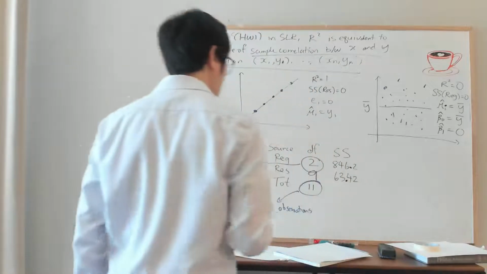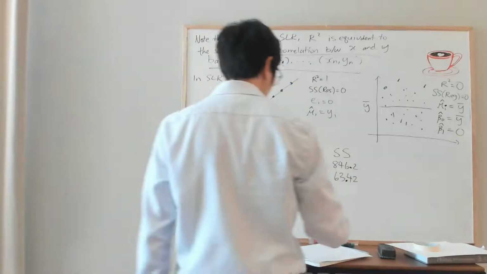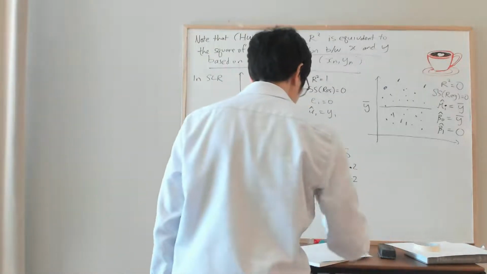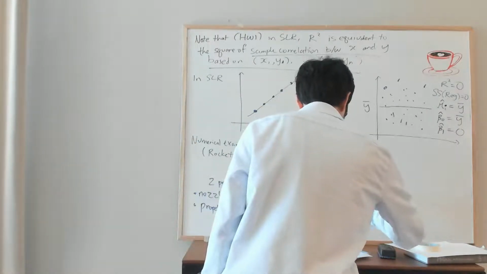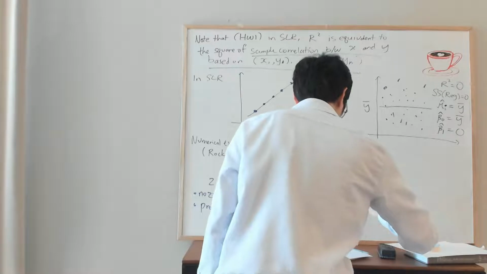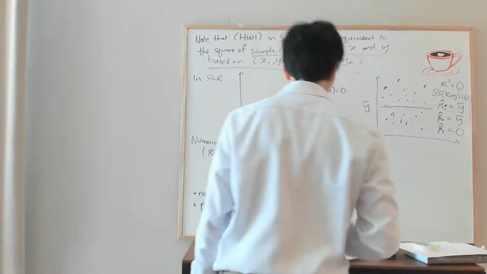Today we learned that in general these add up to the total sum of squares. So if we add these two up, that's 909.62 as the total sum of squares.